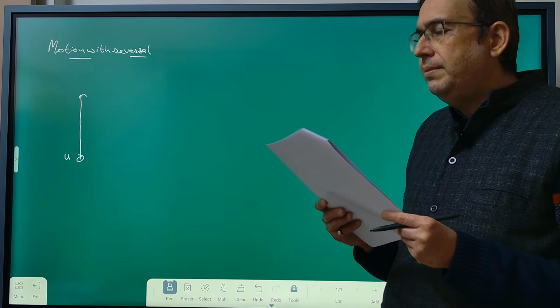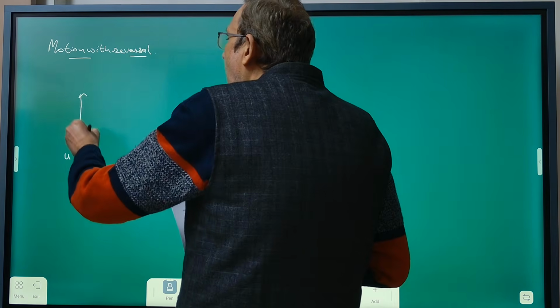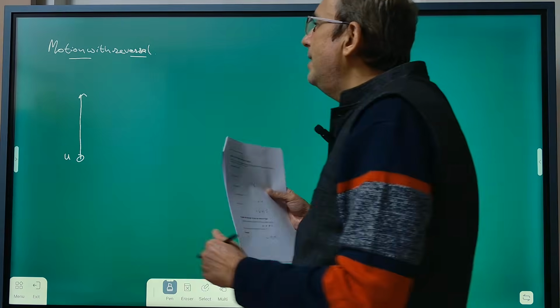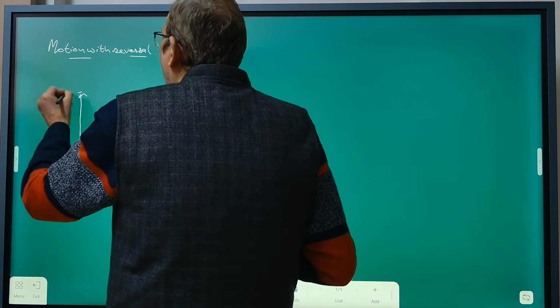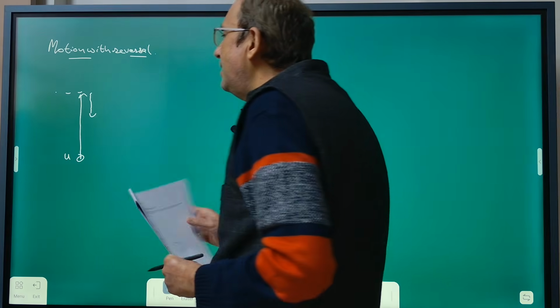And then what would be the time taken after the time of maximum ascent? So if the particle ascends to this height, let us say, and then returns back, what is the time taken?